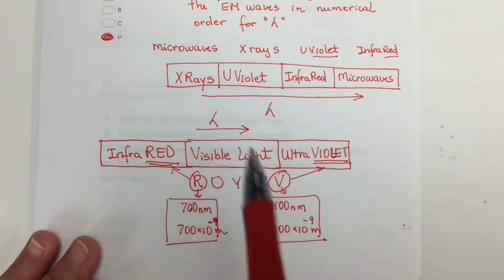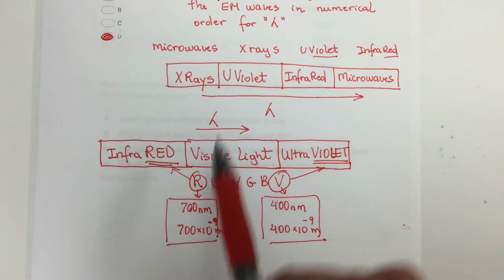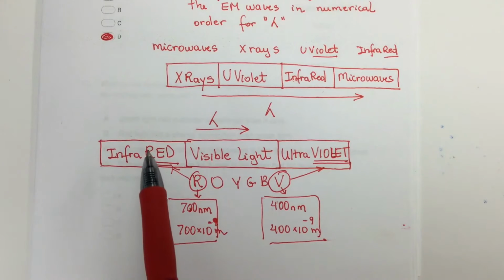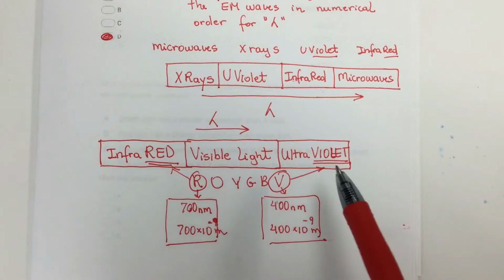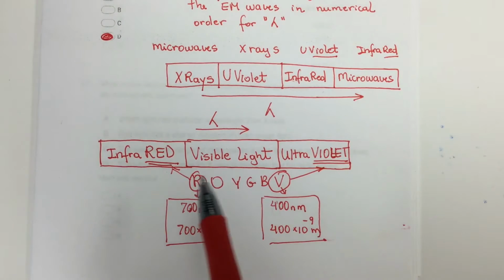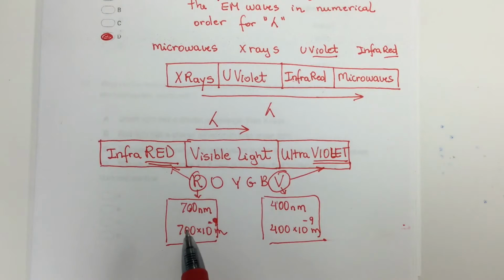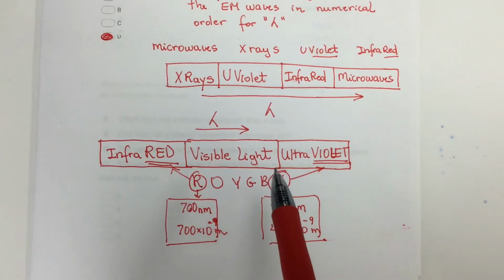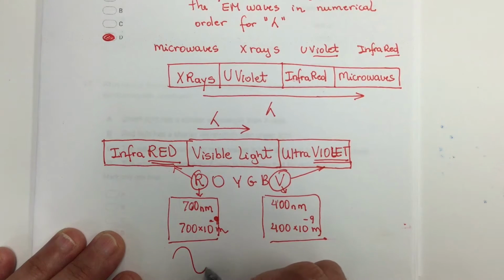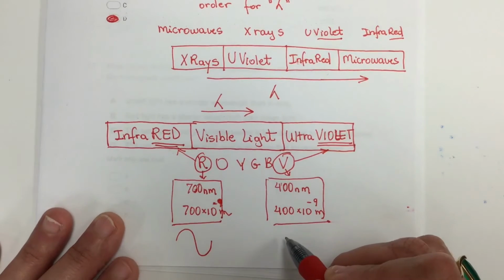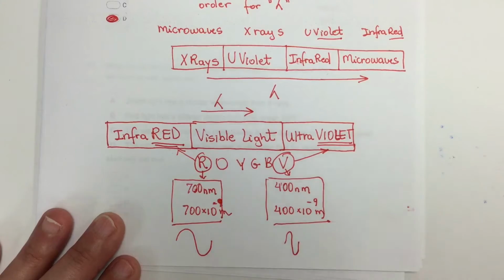So you must memorize this. The visible light before is infrared, right after is ultraviolet, and you need to memorize the order of the visible light from 700 to 400. So this has a longer wavelength and this has a shorter wavelength.